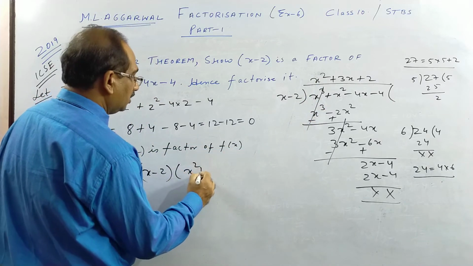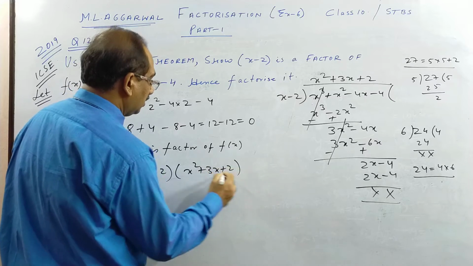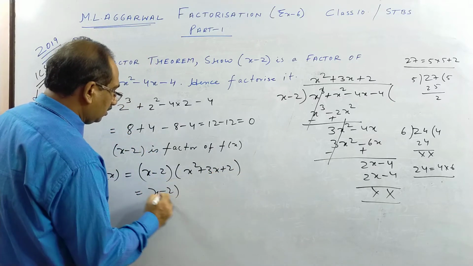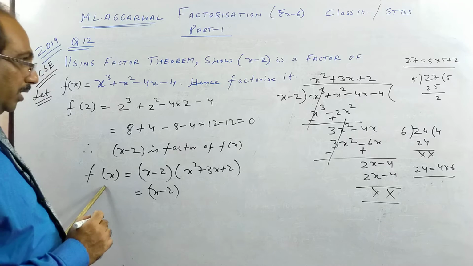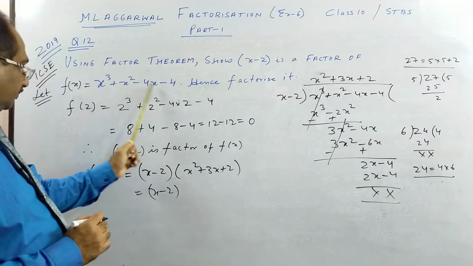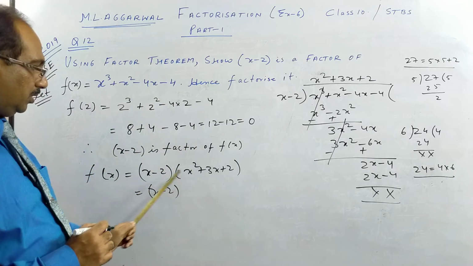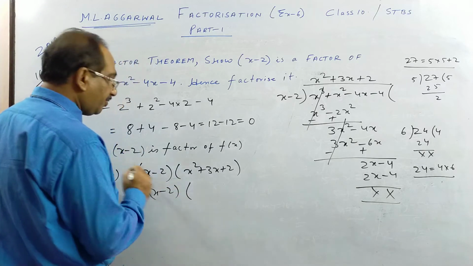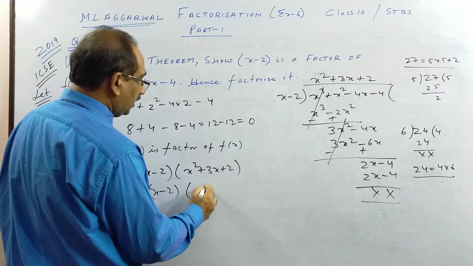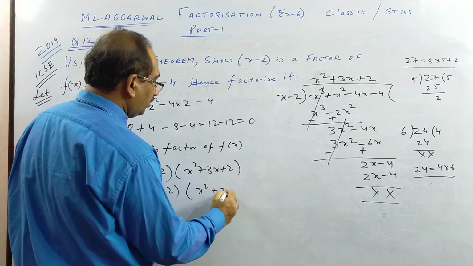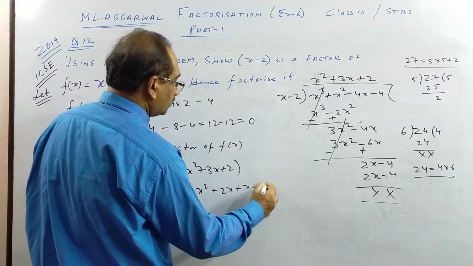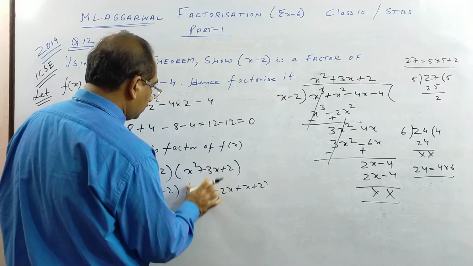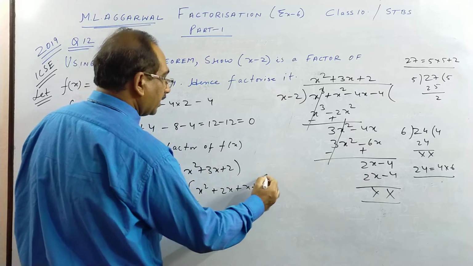Now see, children, this is a cubic equation f(x), and it is this into this. The quotient is x square plus 2x plus x plus 2. Here I can use a big bracket to factorize.